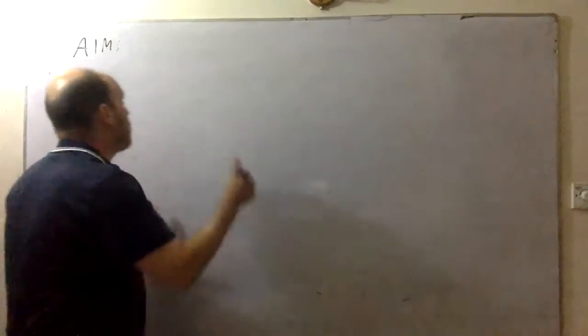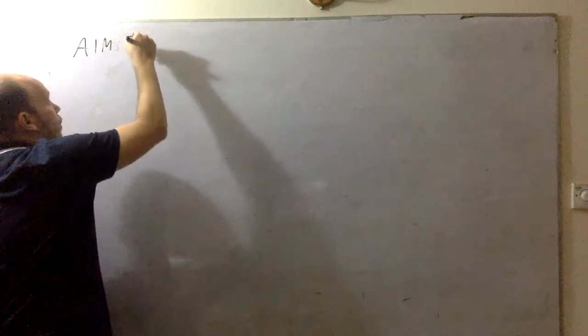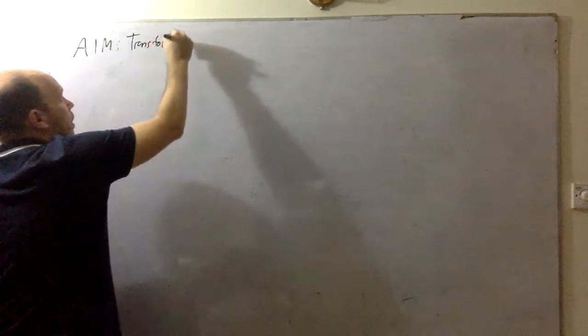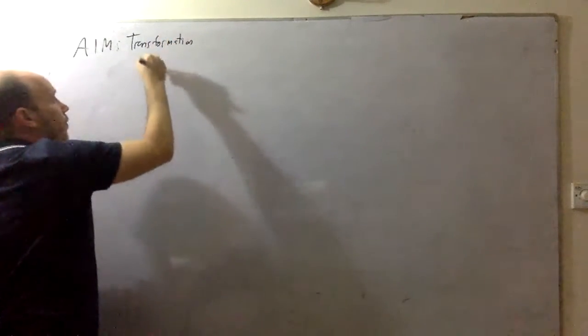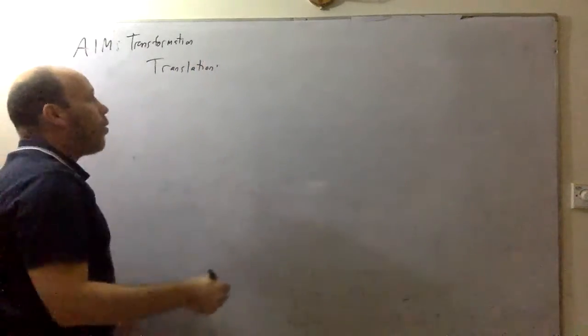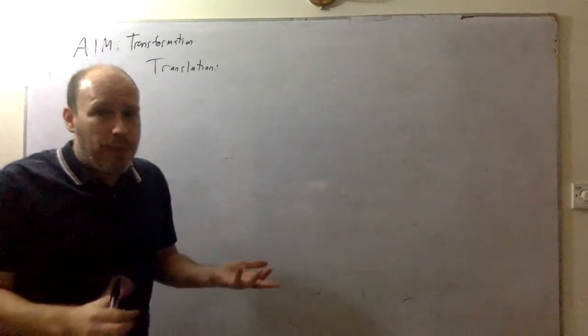So today we're going to talk about all the transformations again. In the last class, we talked about the first one, which is a translation, and we quickly put it on graph paper.